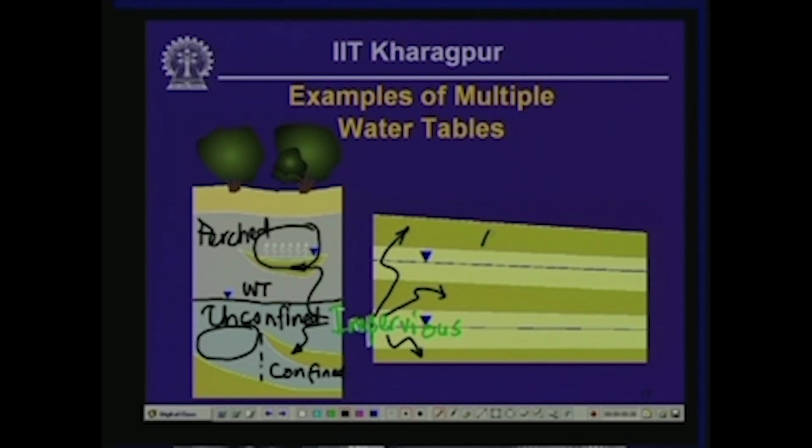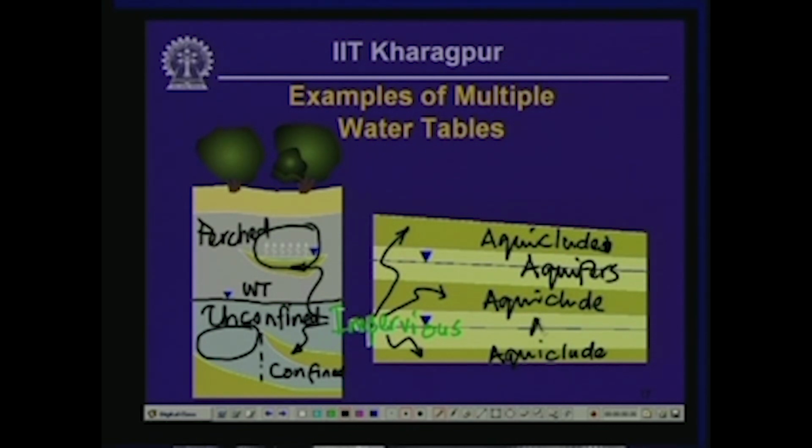Here we have aquiclude layers like this, and in between these aquicludes are aquifers which have independent groundwater tables.